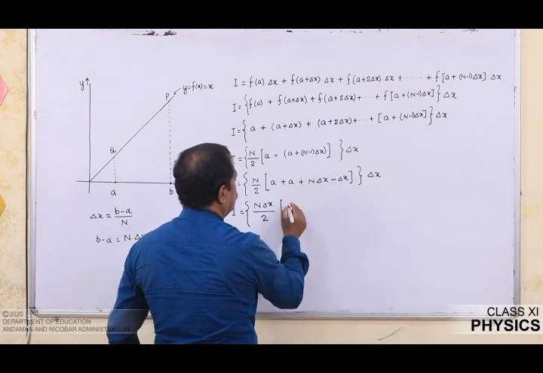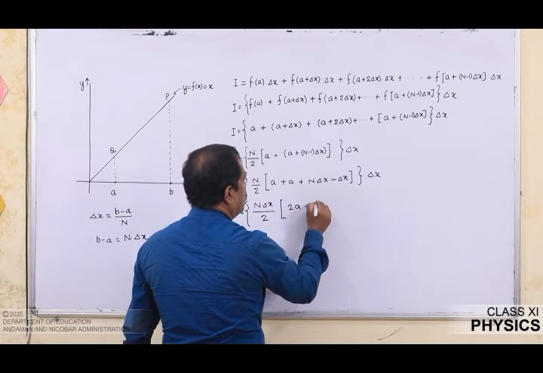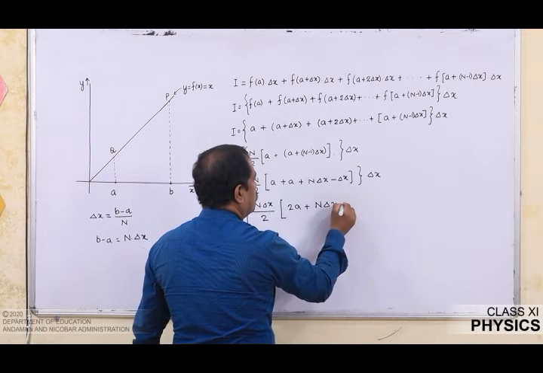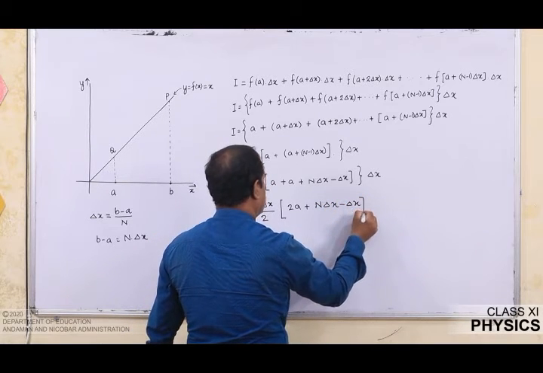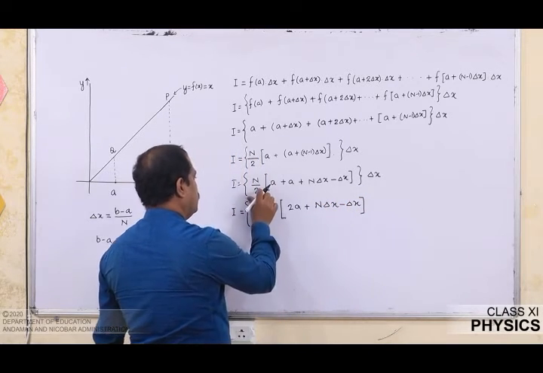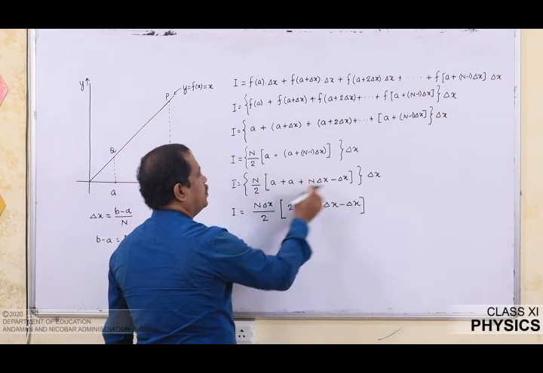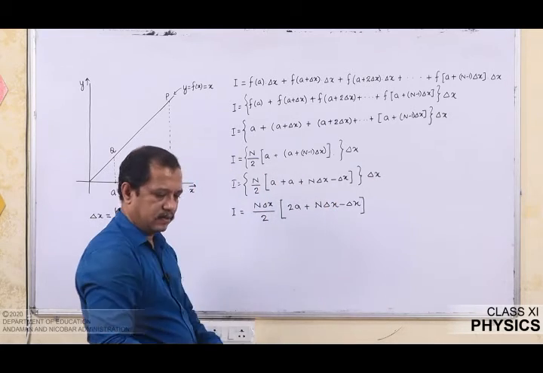I can write this as 2a plus n del x minus del x. Rather say what I have done is I have opened this brace, I have brought in del x.